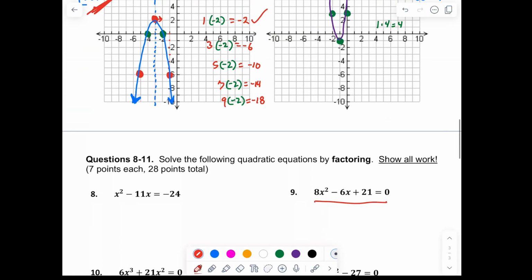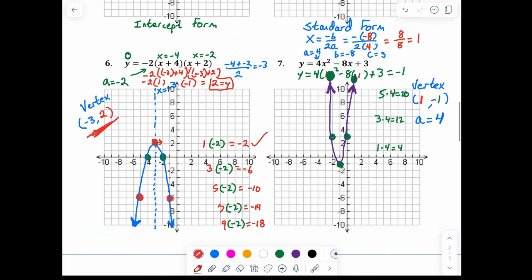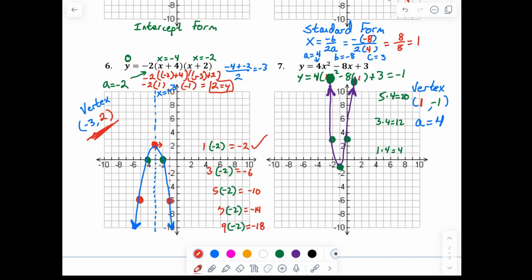A variable x. And I can move everything to one side of the equation, and the other side of the equation could be equal to 0, which is exactly what I want to do for solving by factoring, or later on solving using the quadratic formula.